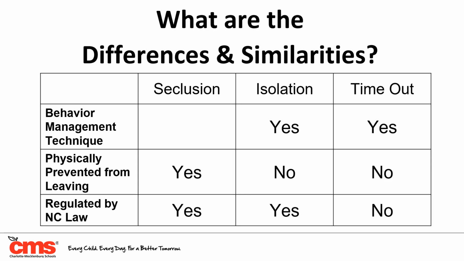This chart shows the differences and similarities between seclusion, isolation, and timeout. Seclusion is not a behavior management technique, and we do try to focus on behavior management techniques. We do not use seclusion.